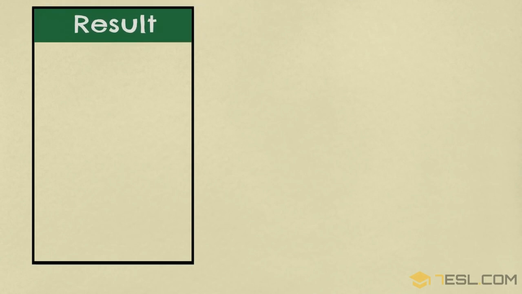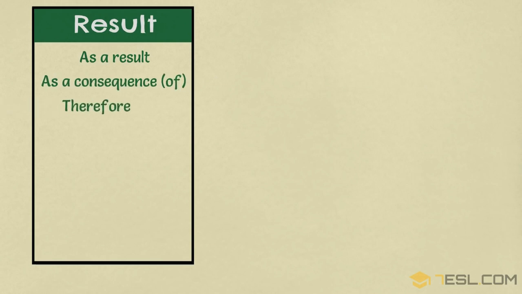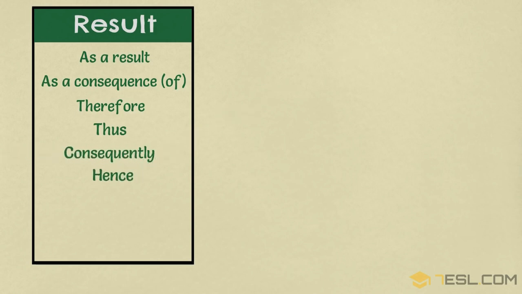Result: as a result, as a consequence of, therefore, thus, consequently, hence, for this reason, due to.